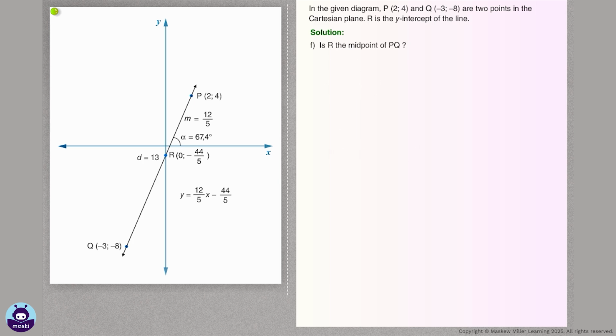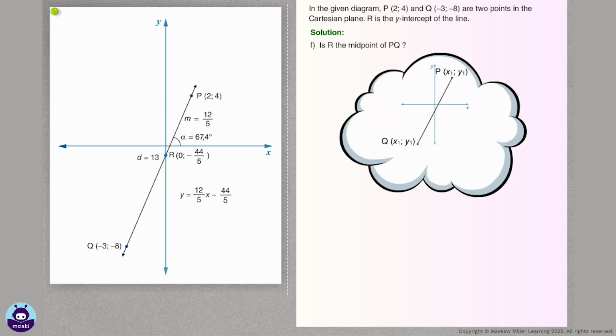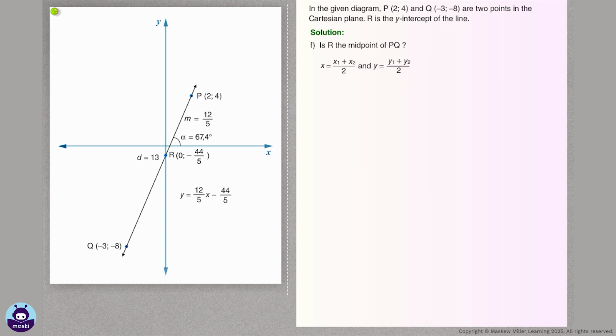Is R the midpoint of PQ? Let us find the coordinates of the midpoint of the line segment PQ and compare it with the coordinates of point R. The formula for the coordinates of the midpoint of the line segment is x is equal to x1 plus x2 over 2, and y is equal to y1 plus y2 over 2. Substituting the values, we get the coordinates of the midpoint.